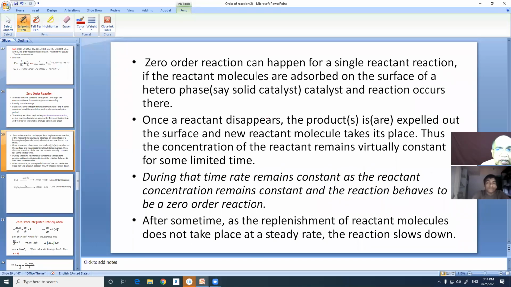Zero order reaction can happen for a single reactant reaction if the reactant molecules are adsorbed, I repeat, adsorbed on the surface of the heterophase or solid catalyst. The reaction occurs on the surface of the catalyst.